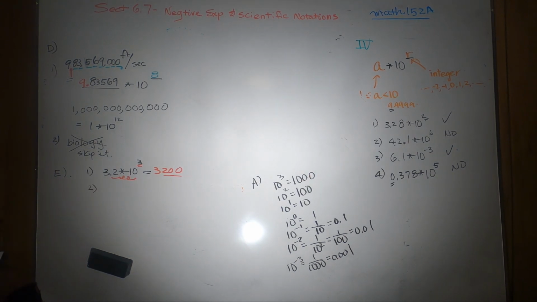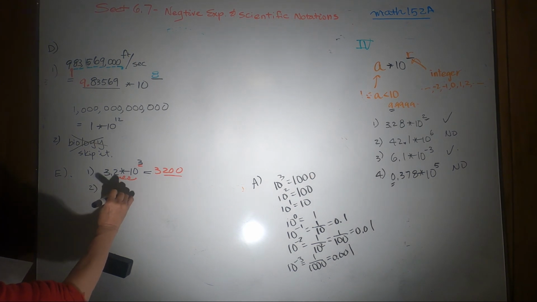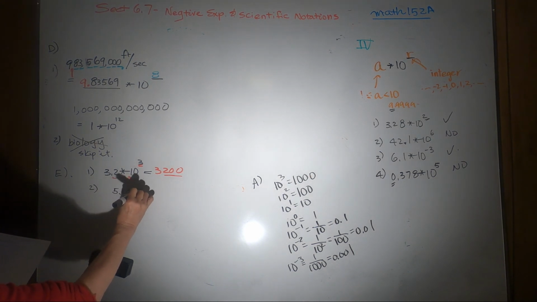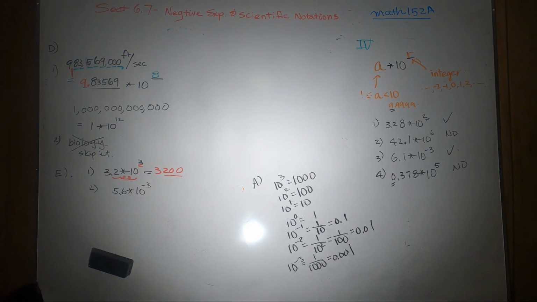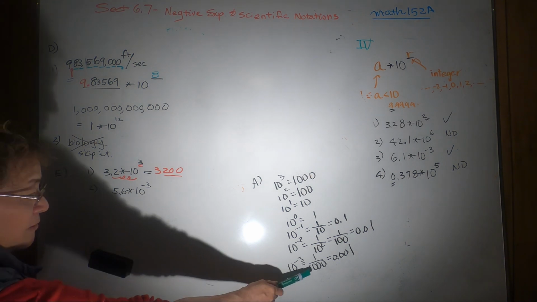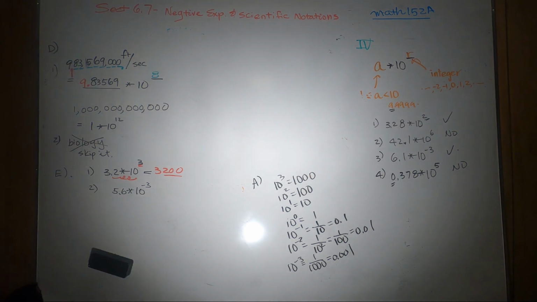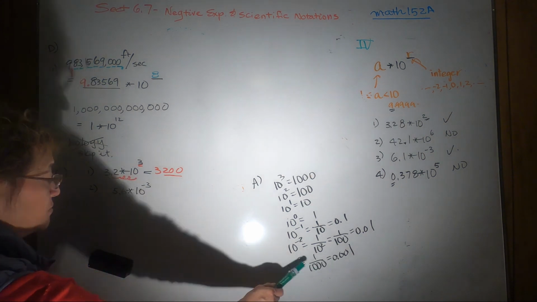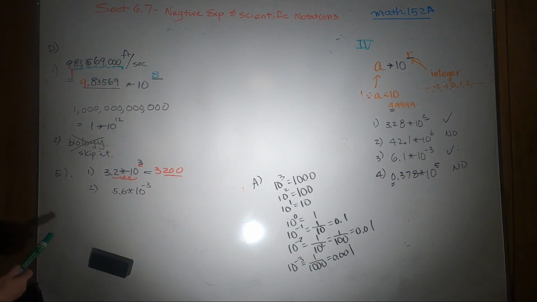So let's change the scientific notation to a regular number, which is a standard number. So for this one, when you multiply by 10 to the -3, that means what? You multiply by 1/1,000th. Multiply by a small number, so the number becomes smaller.